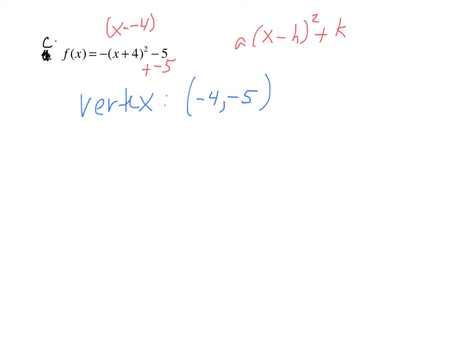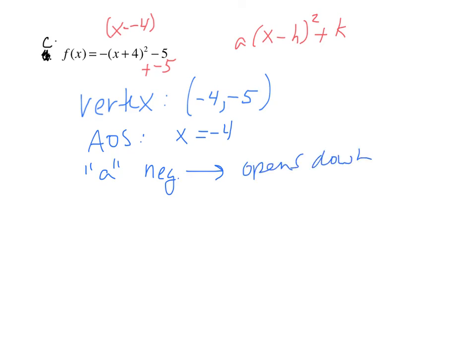So then we have the AOS, axis of symmetry, is at x equals negative 4. This parabola, because the a value is negative, opens down. And the vertex is at the top, which makes it a maximum value.